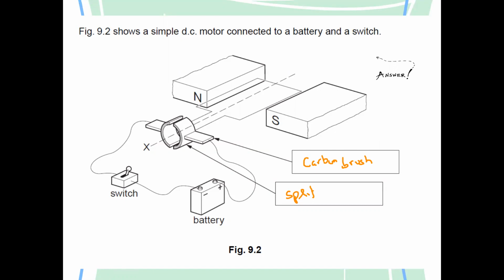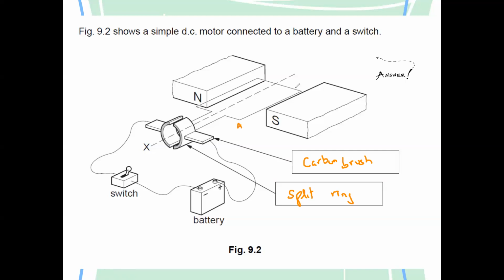Now, if I say what will be the direction of the force, so this one is a split ring. So if I say state the direction of the force, and these are the sides, like example A, B, C, and D, or other way around.